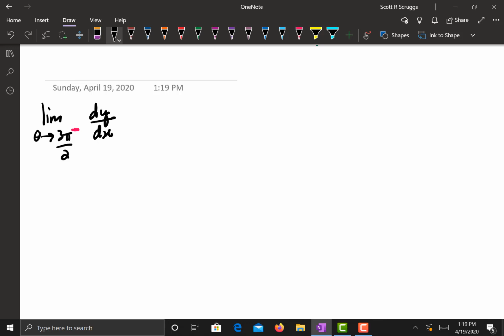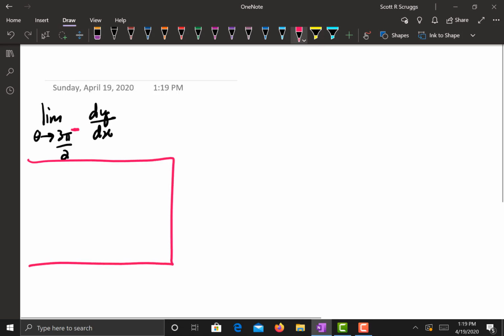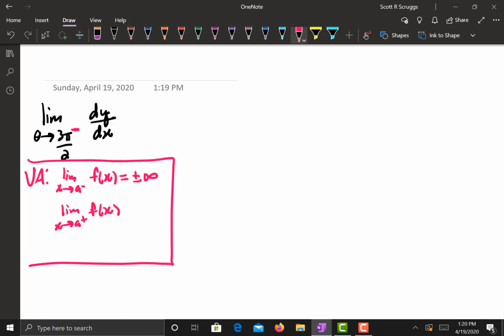And the reason why I recommend doing that is, let's say that I'm going to have a vertical tangent line. Well, recall that the definition of a vertical asymptote is that the limit as x approaches a value from the left or from the right equals either positive or negative infinity.